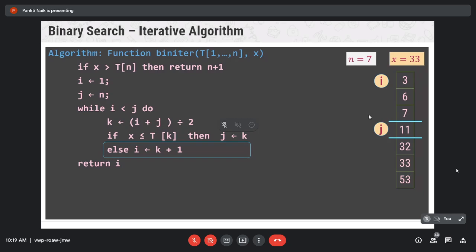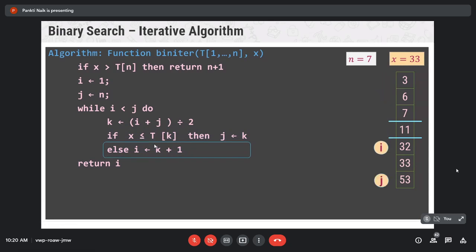right? So what will happen? It will not execute this j is equal to k, right? Because this condition is false, because the value of x is greater than t of k, because t of k is 11 and x is equal to 33. So the value of x is greater than t of k. So it will execute this else part. Else i is equal to k plus 1, right?